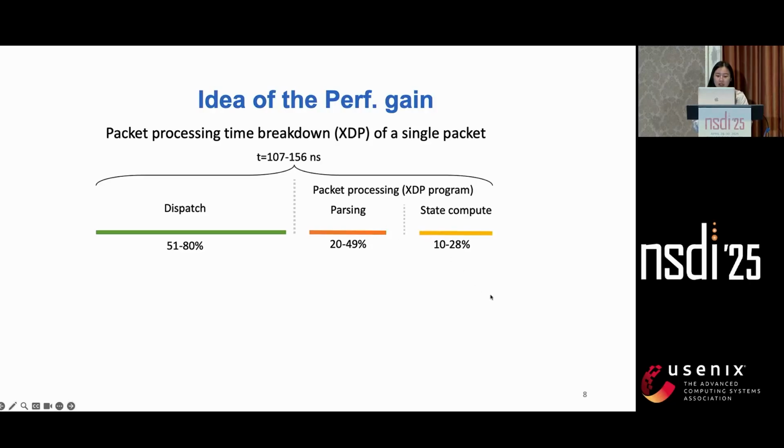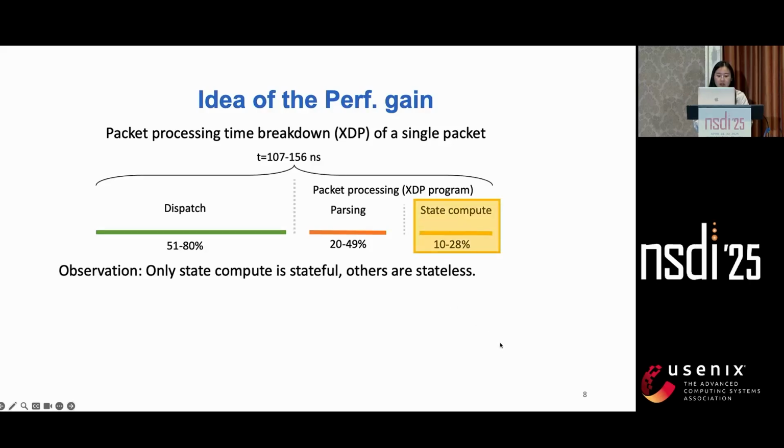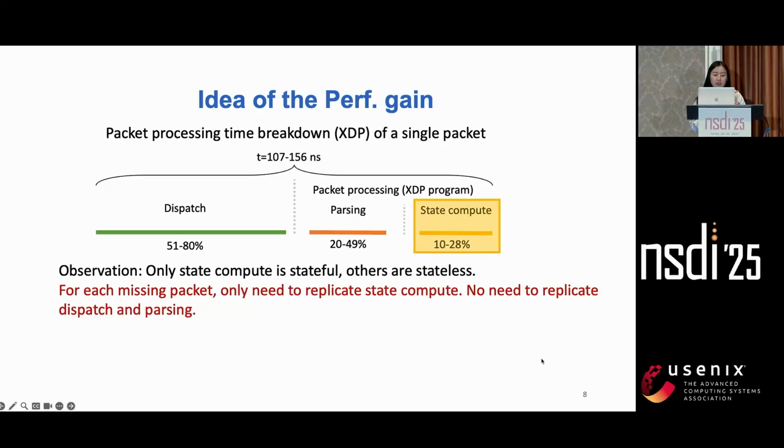The XDP program mainly contains two parts: the first is parsing, the second is state compute. The observation here is that only state compute is stateful. Others are stateless. So for each missing packet, we only need to replicate state compute. There's no need to replicate dispatch and parsing.